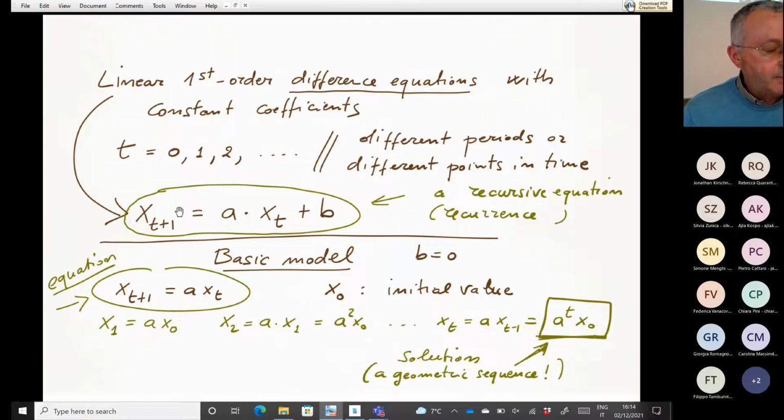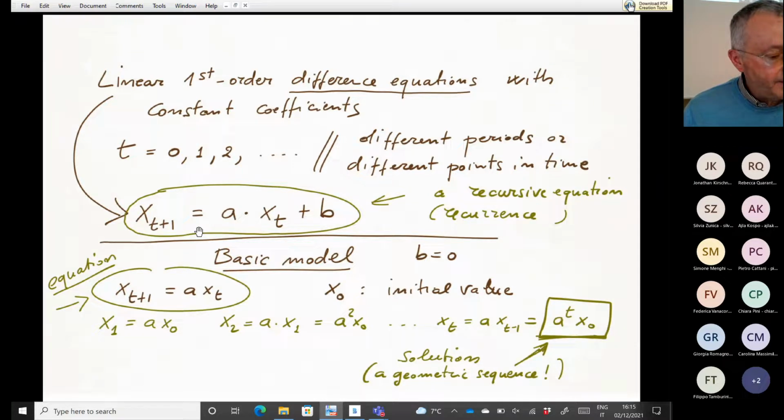But basically, this model says that we have the current level of our variable. In order to obtain the next level, just multiply the current level by a and add b. This is called a linear first-order difference equation.